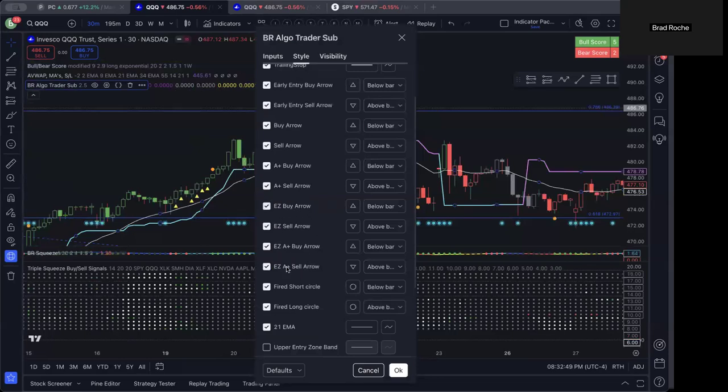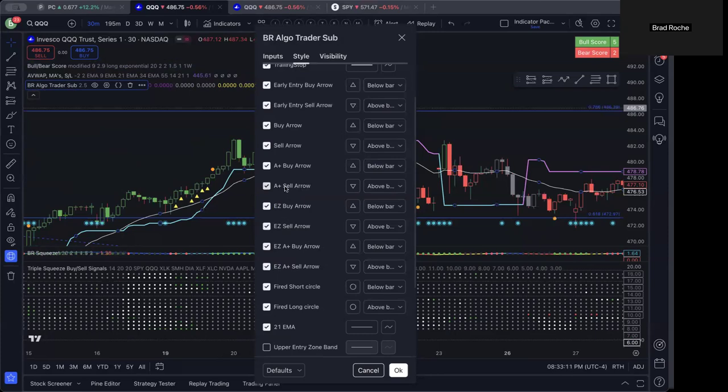They're the best entries you can get that are going to give you the highest probability and the biggest potential for high returns. So they're meant to give you high risk to reward entries and basically minimize your drawdown, minimize how much you're losing. These are the go-to signals.